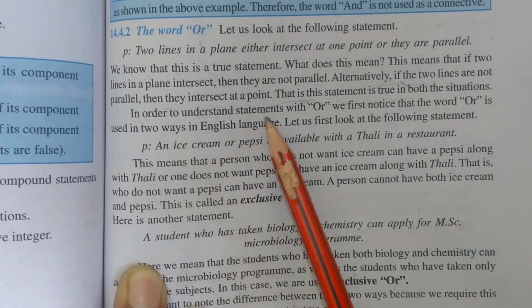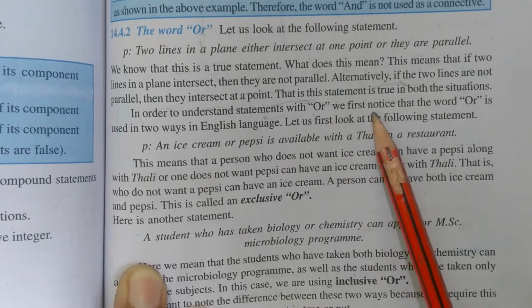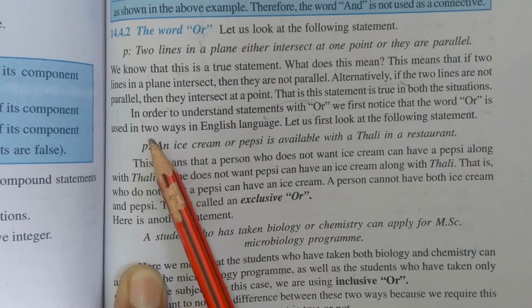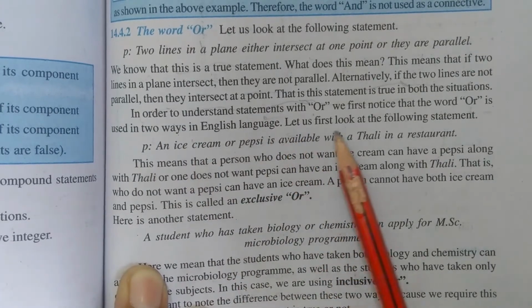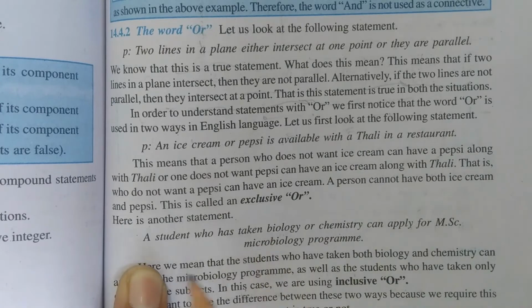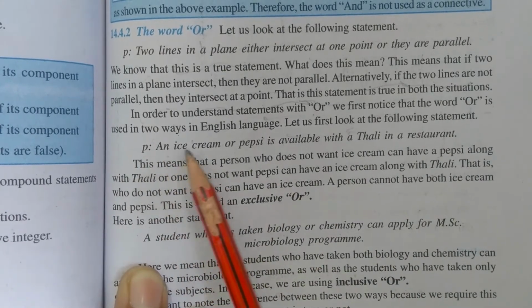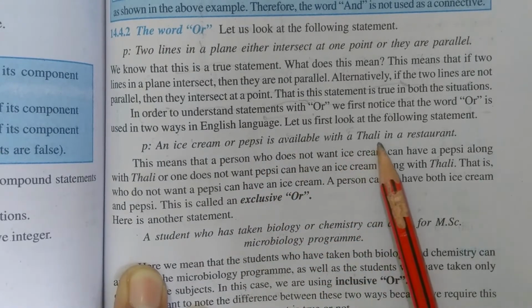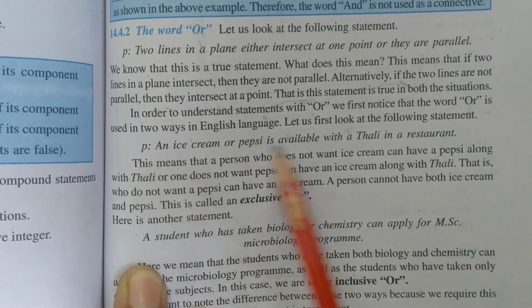In order to understand statements with "or", we first notice that the word "or" is used in two ways in the English language. Let us look at the following statement. P is the compound statement: an ice cream or Pepsi is available with a thali in a restaurant. Very nice example.